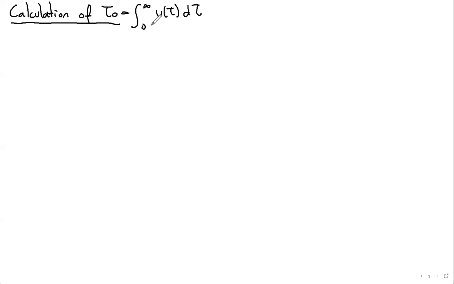This part will be the calculation of tau 0, the integral from 0 to infinity of u tau d tau. Okay, so let me try to go into this and explain it in simple terms.